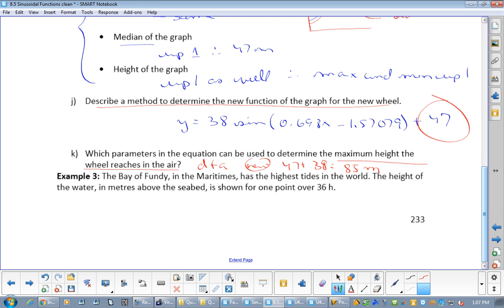Period is how long it takes to go around once. If it goes around faster, the period will be smaller. Okay? So those are the parameters we want to think about. Okay, so what we're working on, you'd make more money, but it would not affect the period. Okay?